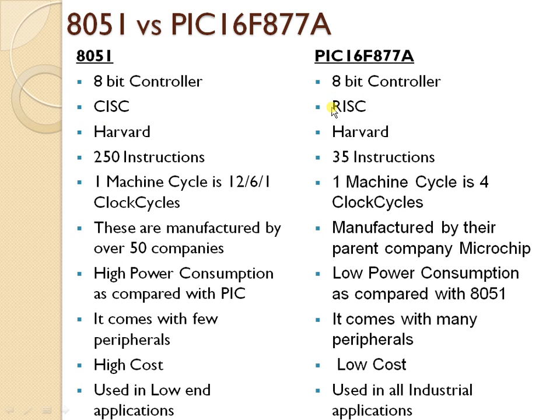There are lots of differences between RISC and CISC. With RISC architecture, it will have fewer instructions, and with CISC architecture, it will have more instructions. In RISC, most of the instructions perform only a single operation, whereas in CISC, most of the instructions perform multiple operations.